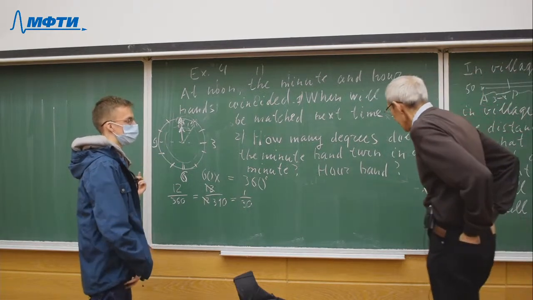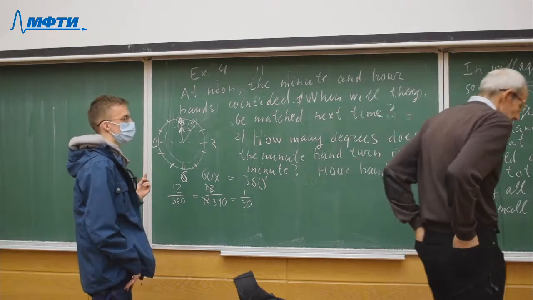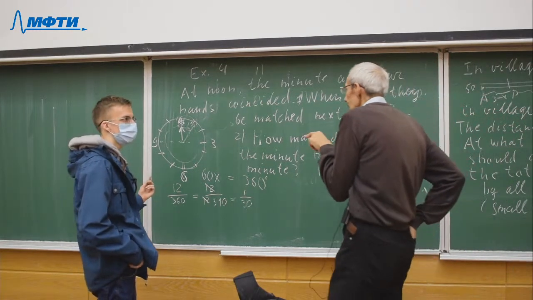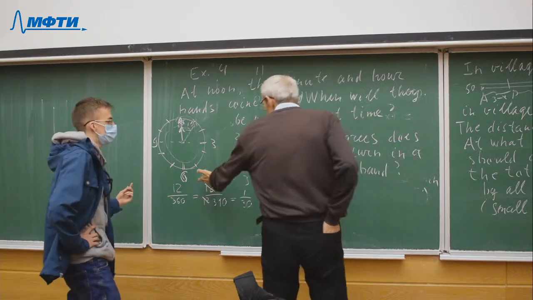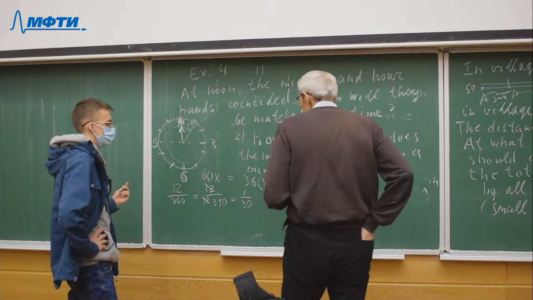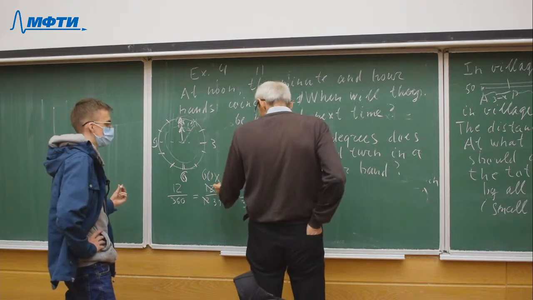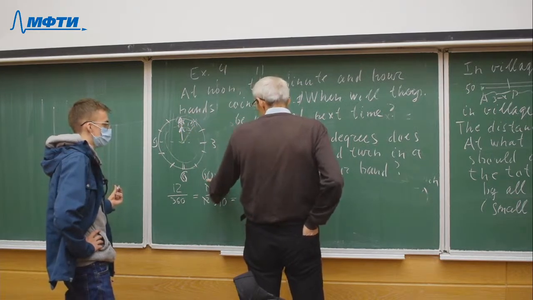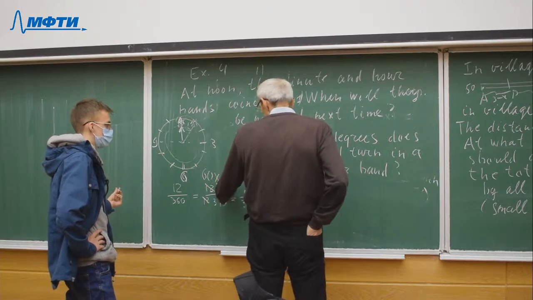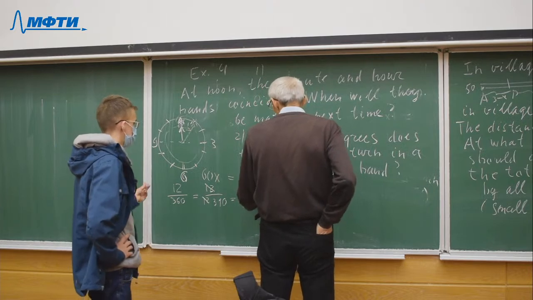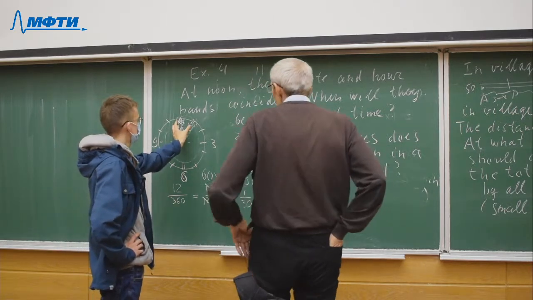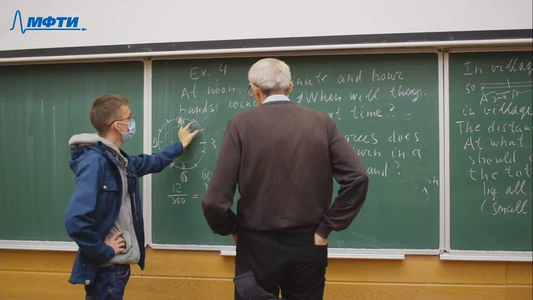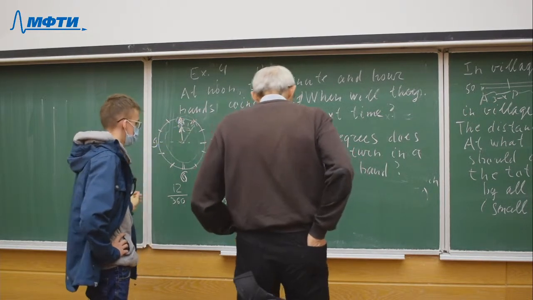The minute hand makes one turn in 60 minutes, and x is the velocity in degrees, a full turn. When our 5 minutes pass, the hour hand will move by 1/12 of that.